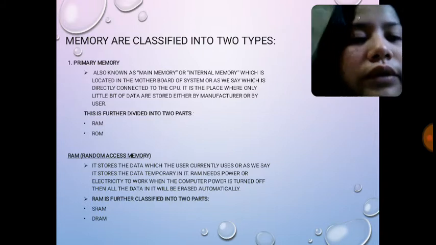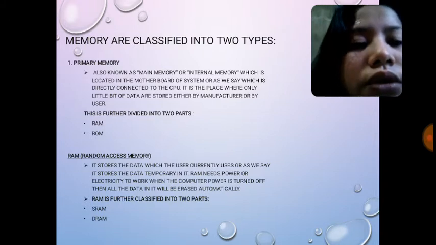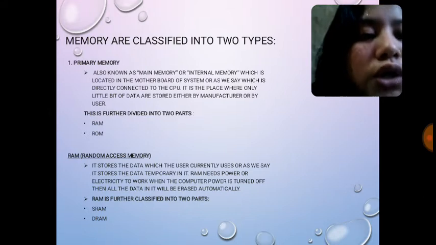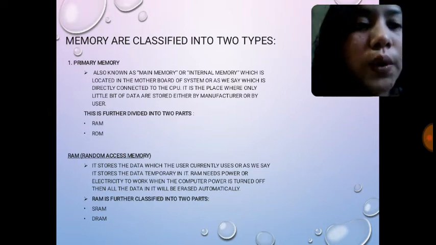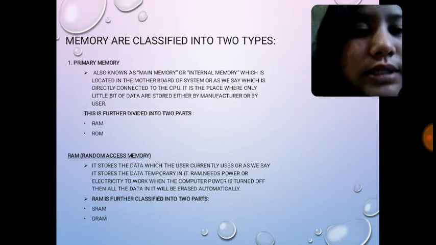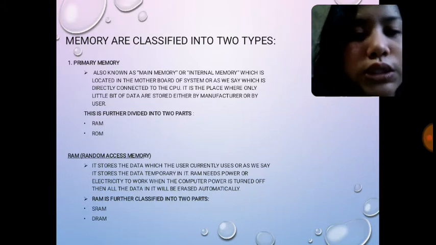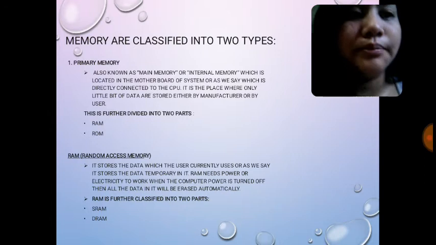RAM stands for random access memory. It stores the data which the user currently uses, or as we say, it stores the data temporarily. RAM is classified into two parts, SRAM and DRAM.